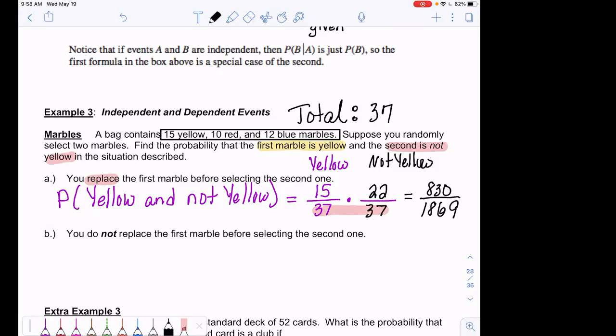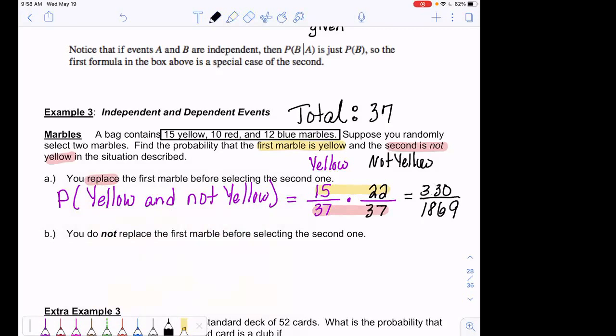Right. So when you're multiplying fractions, I want you to go across the top and across the bottom. So 330 over 1,369. And then I'm pretty sure that doesn't simplify. Emma? 330? She may have said that and I just didn't hear.